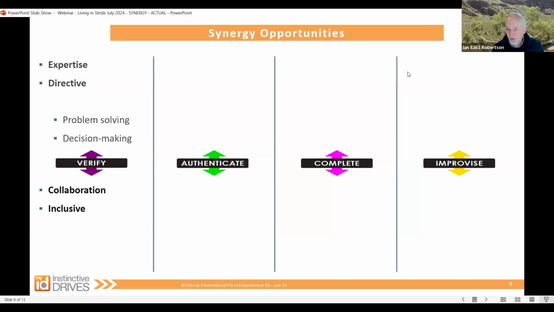I think this is a great example of synergy. If we were to shift to the Authenticate drive, it would probably bring out exactly what's occurring right now: we can talk about something conceptually, and then there's an additional level of clarity, meaning and value that the Authenticate can pull out of it.